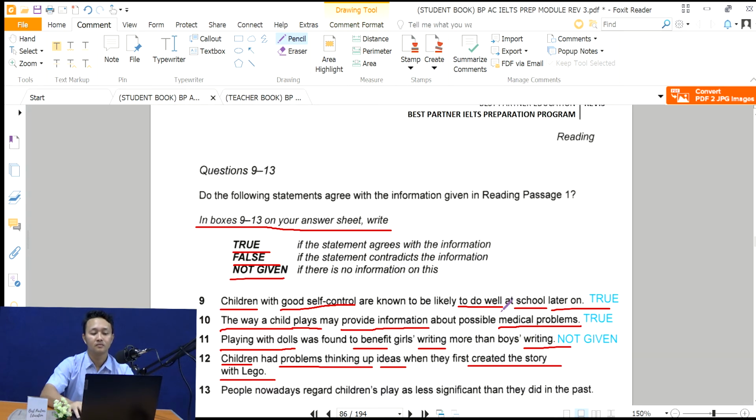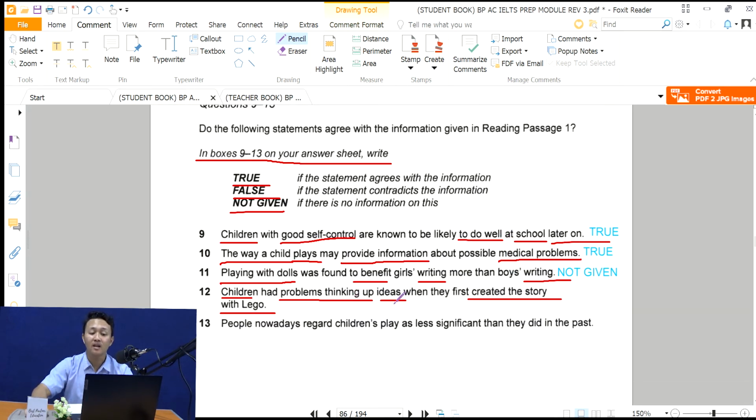So, says here, children have problem thinking of ideas when they first created the story with Lego. But it's not. They don't have problem thinking about the ideas with the Lego, but they have problems before the teacher uses the Lego building.